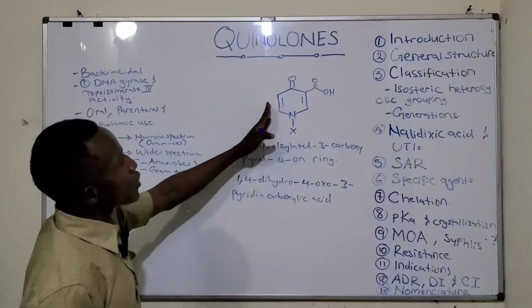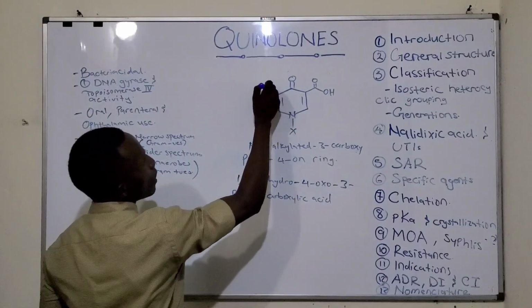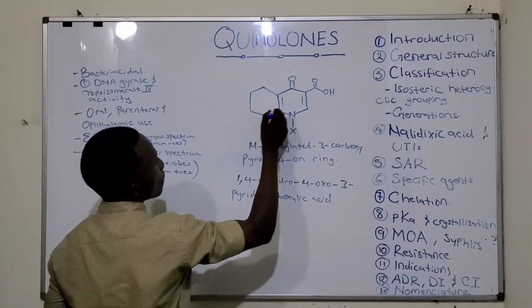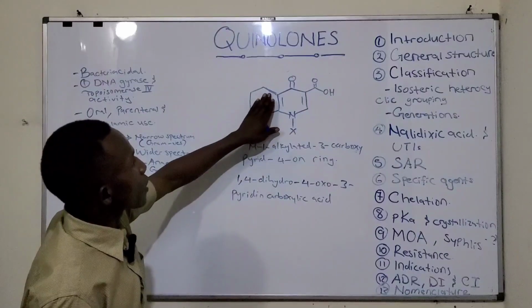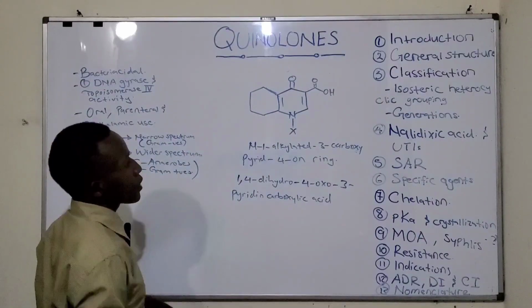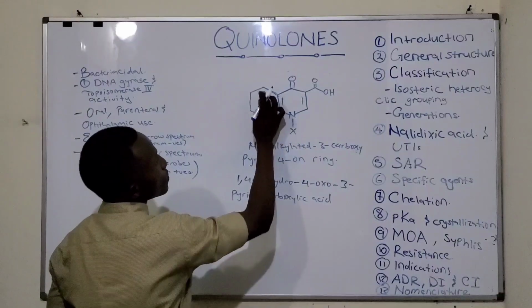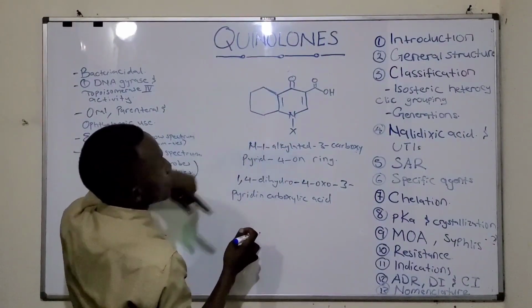Though this ring, to do whatever it does, should be attached to an aromatic ring. This ring can be a benzene ring, or another pyridine ring, so all the carbons can be nitrogens.